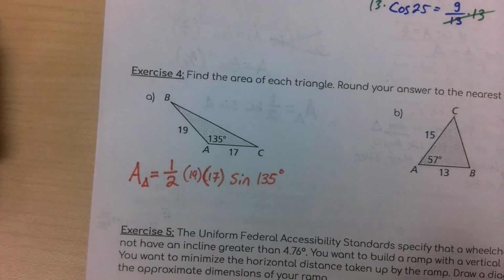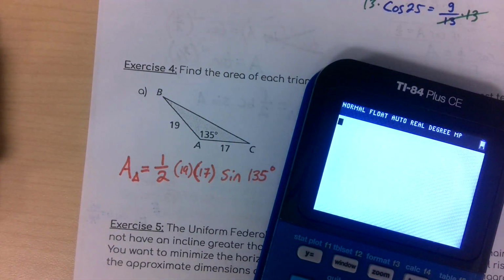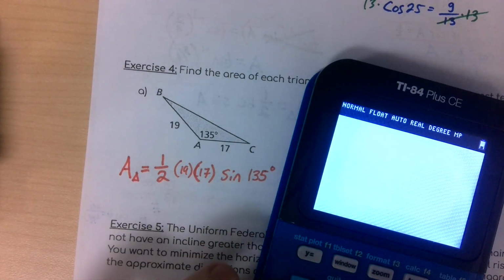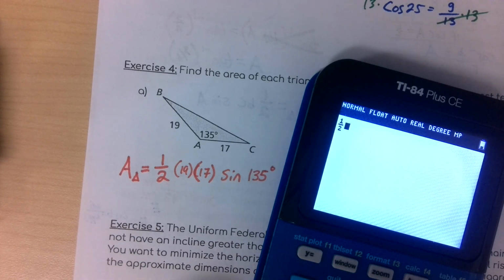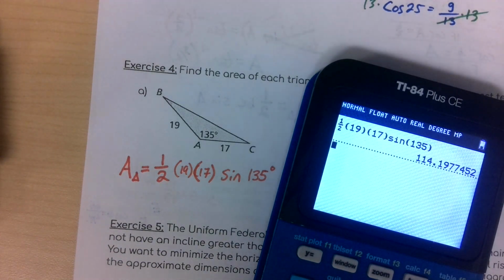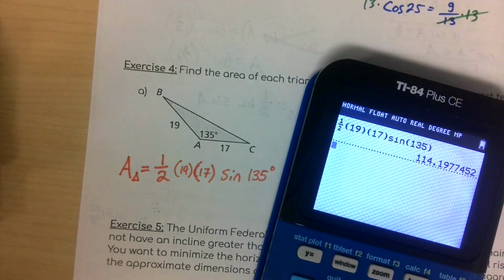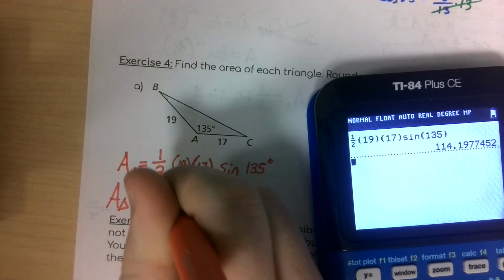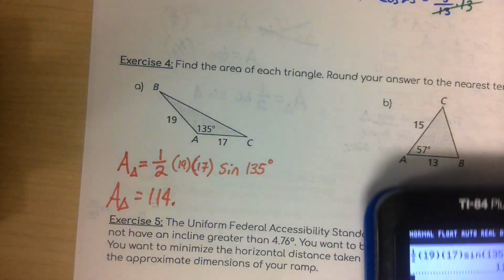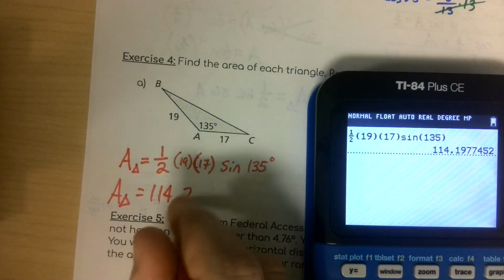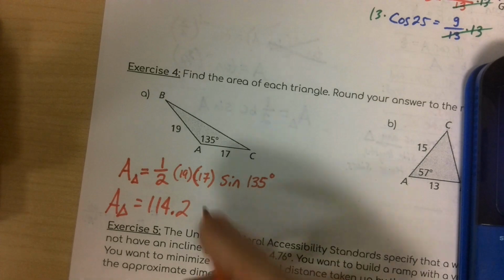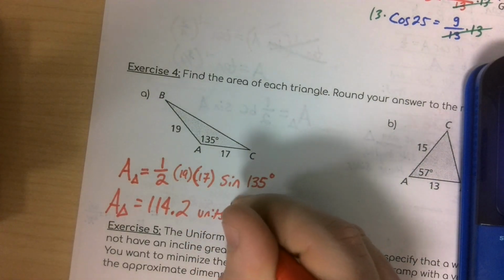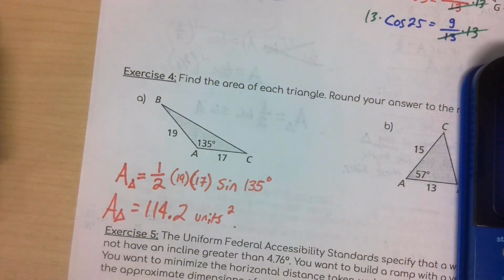Just like that, we can go through and actually solve this problem. We can type in 1/2 parentheses 19, parentheses 17, sine of 135. That's the area. That is the area of the triangle in one formula. 114 point, since it says to round to the nearest tenth, 114.2 units squared. Done.